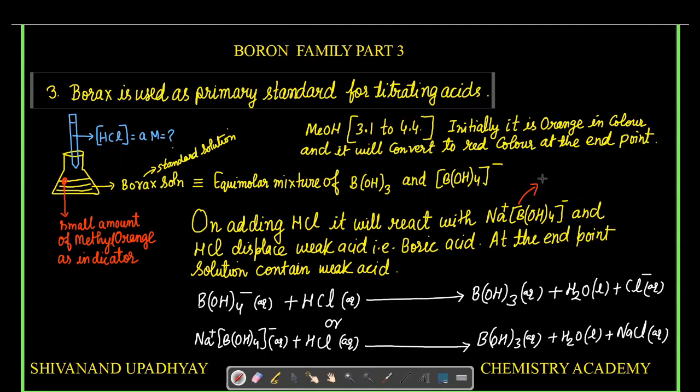So if I remove two water molecules from here, I can write this as sodium metaborate, NaBO2. So sometimes this reaction is written like this: NaBO2 reacts with HCl to form HBO2, that is metaboric acid, and there is formation of NaCl. So if the reaction is taking place at higher temperature, we can write the reaction like this also, right?